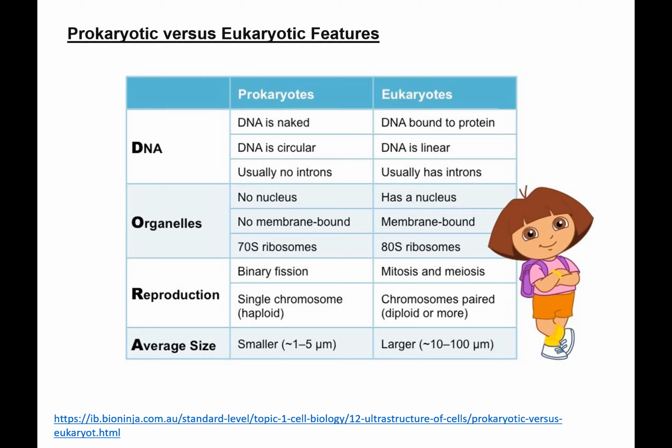So one thing I want you to note is the difference in DNA. So DNA is DNA, AGCT, but in prokaryotes, the chromosome is circular, whereas in eukaryotes, the chromosome is linear. Why does this matter?